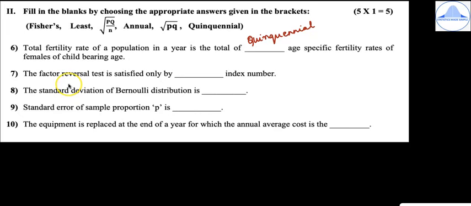ASFR. Seventh one, the factor reversal test is satisfied only by, the correct option is Fisher's index number.